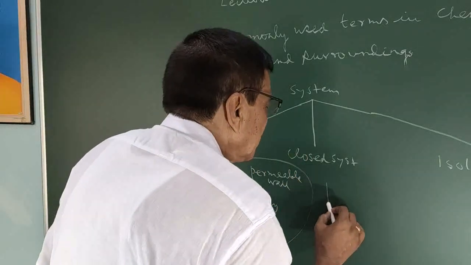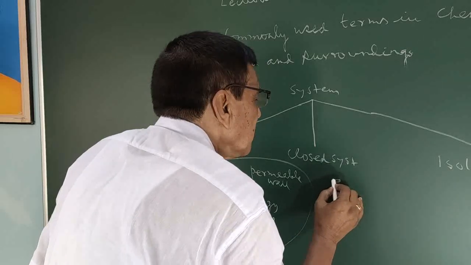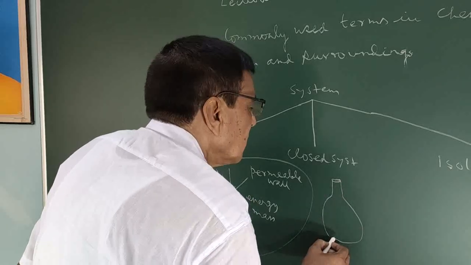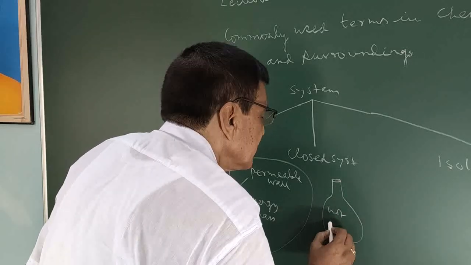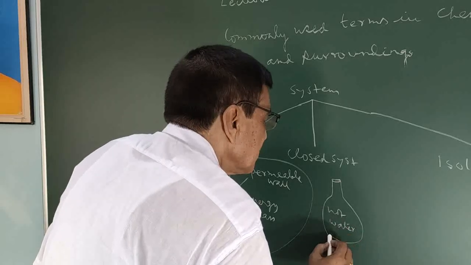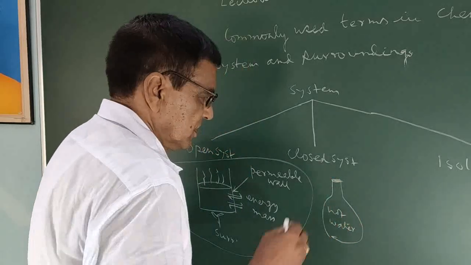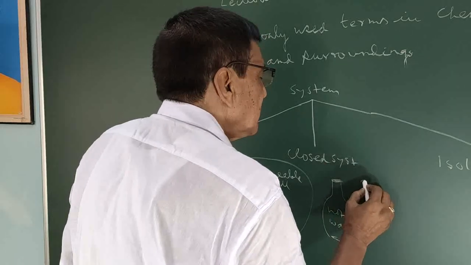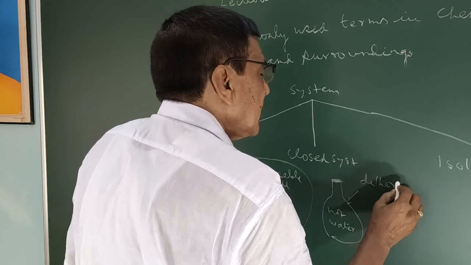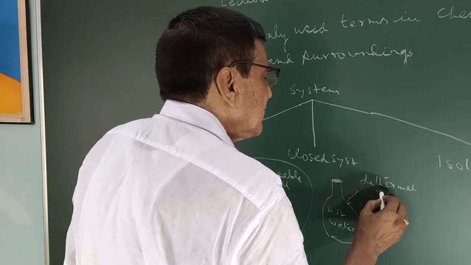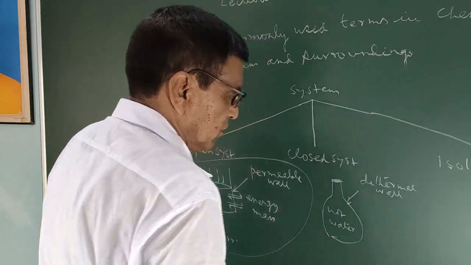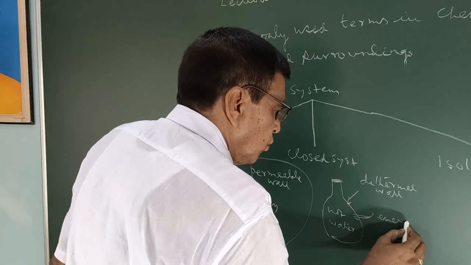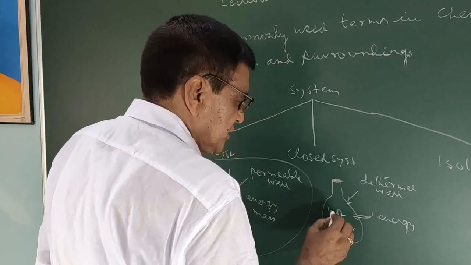For example, I can say one corked bottle, hot water bottle, here hot water is there, and it is made of glass, and here it is corked, and this wall is called diathermal wall.